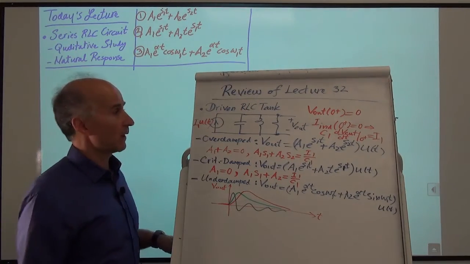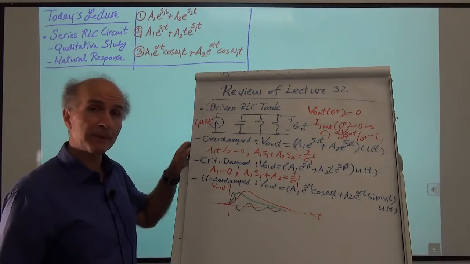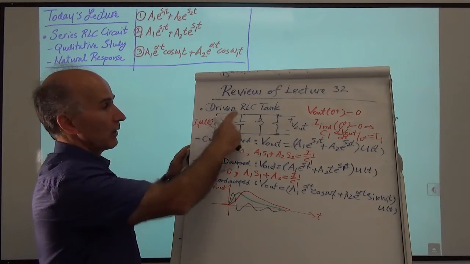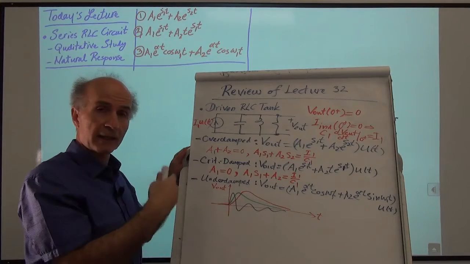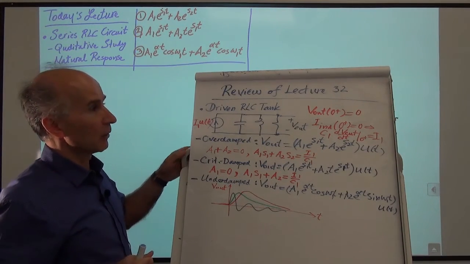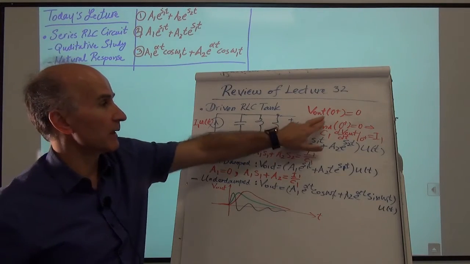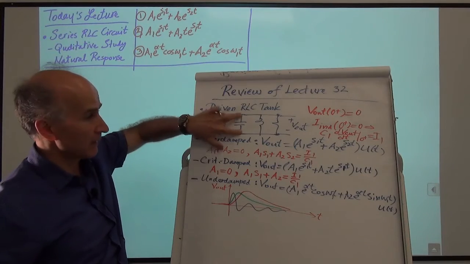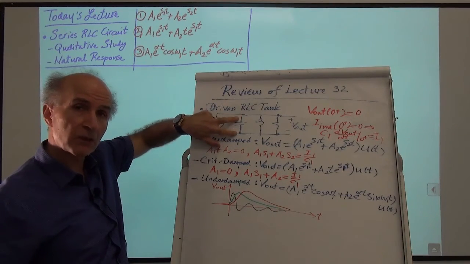input. We saw that, for example, if the input is a step, then in response to the step, we will have a current that flows through these devices, and that current will change with time. So we wrote the equations as follows. We said that the output voltage at time 0 plus has to be 0, because this capacitor doesn't want to change the voltage.